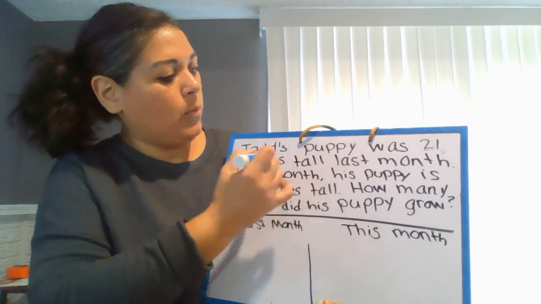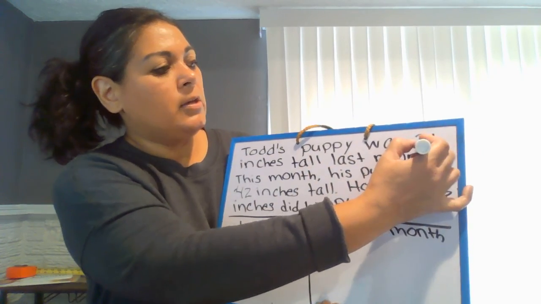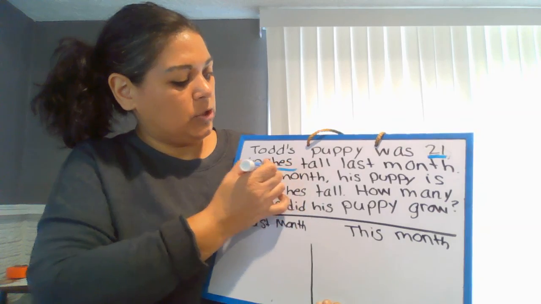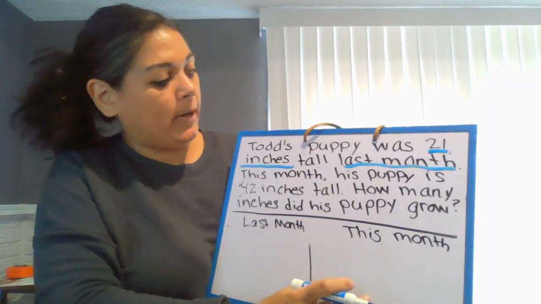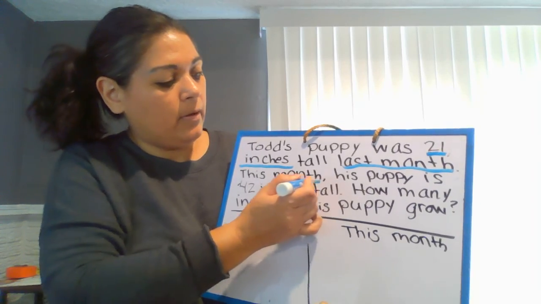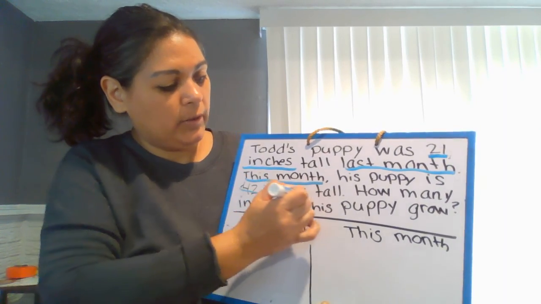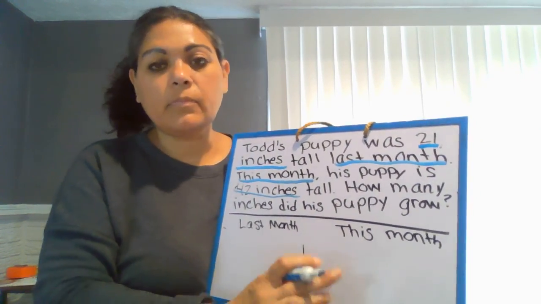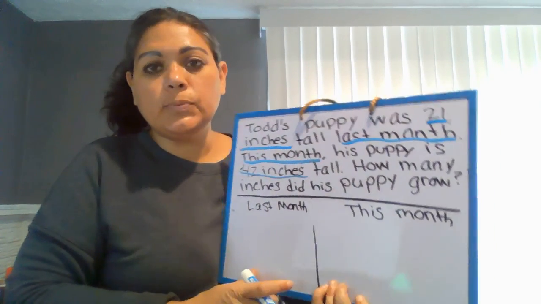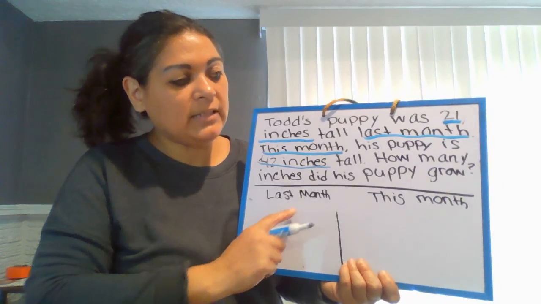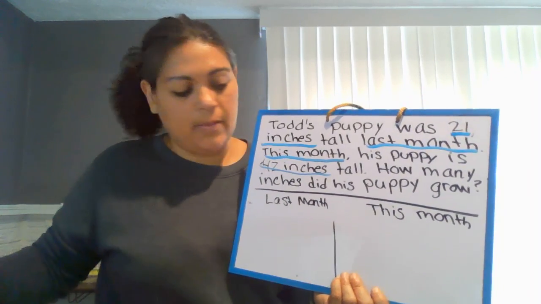Todd's puppy was 21 inches tall last month. So I'm going to underline 21 inches last month. That's my first group I'm comparing. This month, he's 42 inches tall. How many inches did he grow? So I hear two groups that I'm comparing. I'm comparing last month and I'm comparing this month.